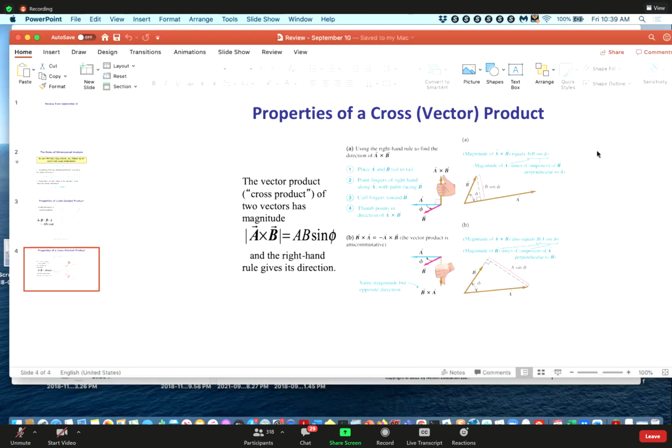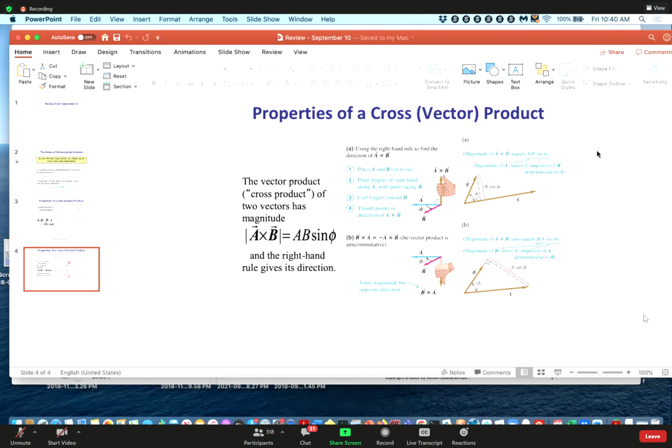Would two vectors have two cross products, because there could be two directions perpendicular to both vectors? The short answer is no, because A cross B will always give the vector that's perpendicular to the two vectors pointing in one direction.